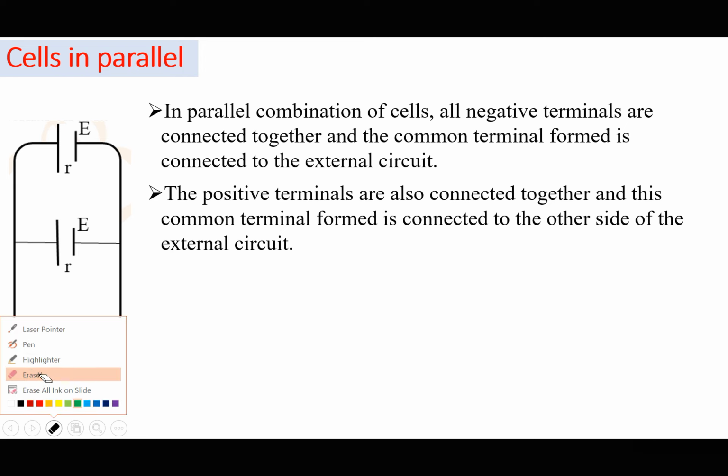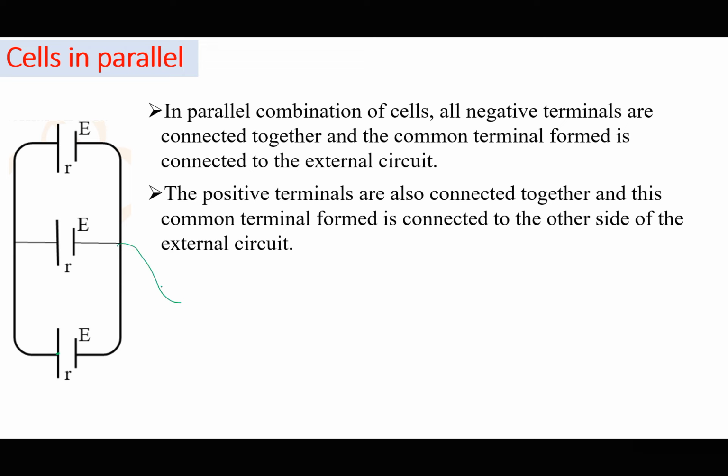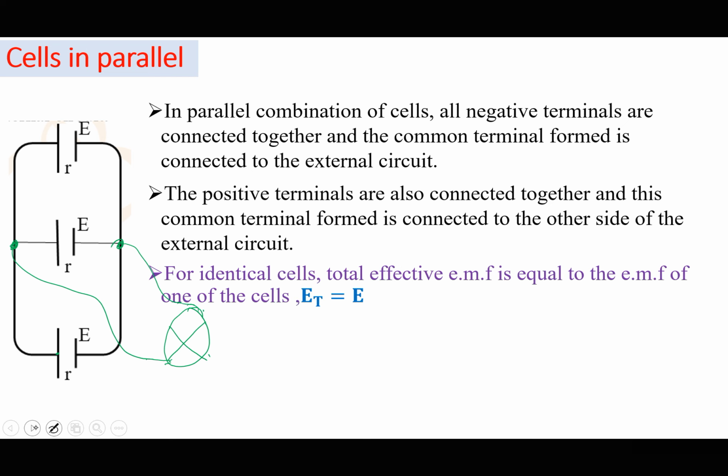So the cell combination is connected to, say, a battery or a bulb, with the common positive terminals connected together and this common point connected to the other side of the circuit. So for identical cells, the total effective EMF is equal to the EMF of just one cell.